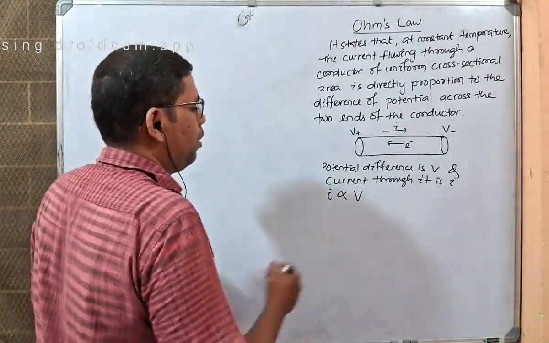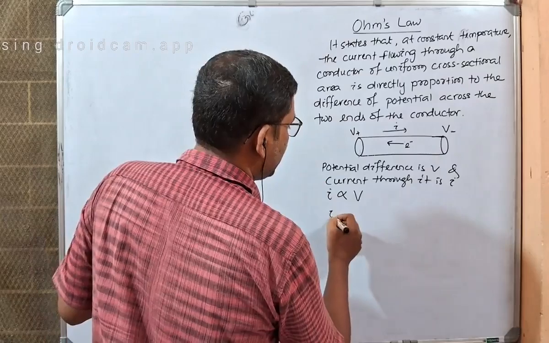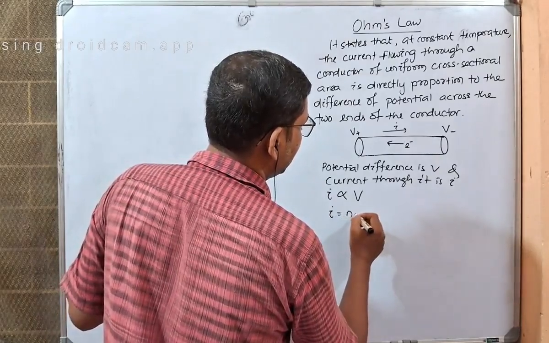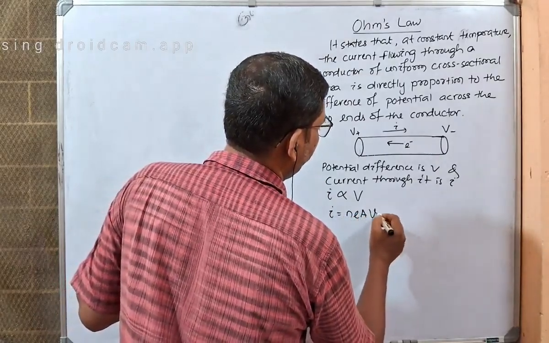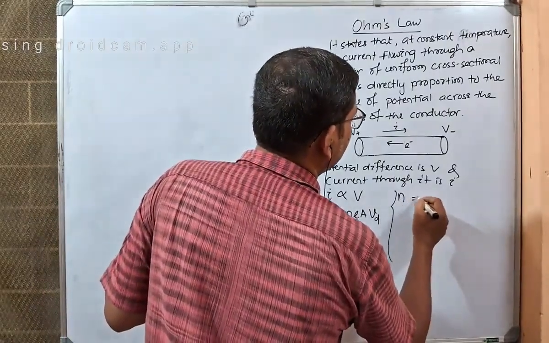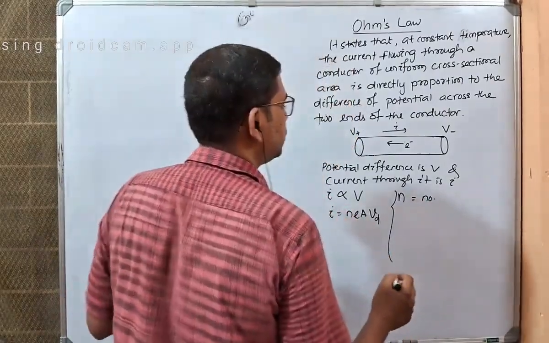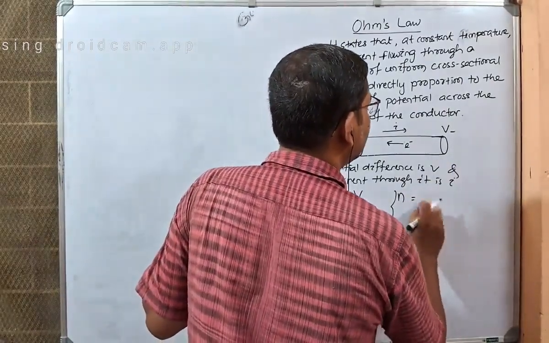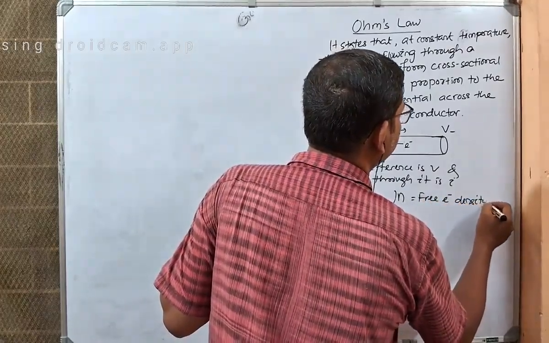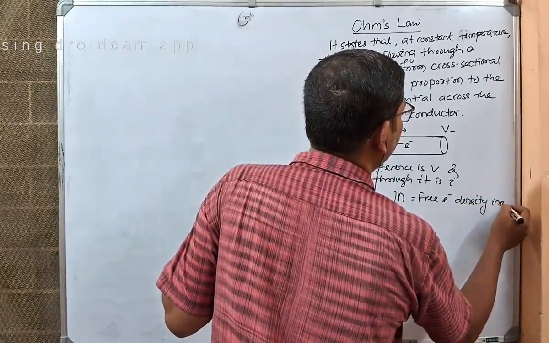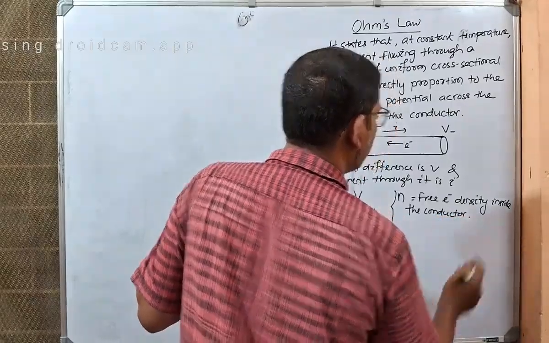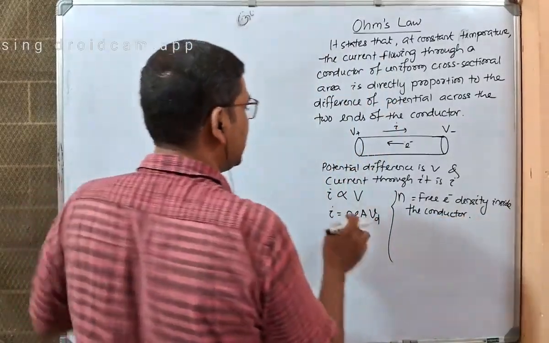Before we know that current I is related to drift speed like I = nAeVd. Where n is the free electron density inside the conductor, meaning number of electrons per unit volume. e is the charge of the electron.